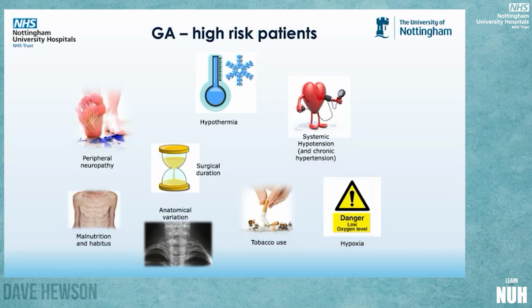It's clearly not routine to disclose position-related nerve injury to patients without those sorts of risk factors or in high-risk positions. But we know that these underlying factors can cause problems.